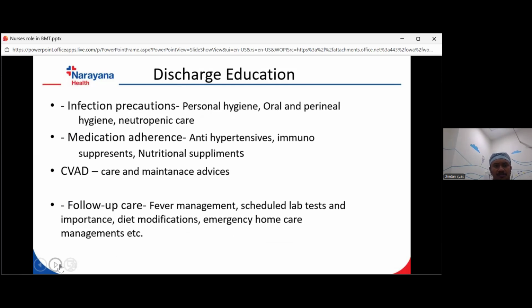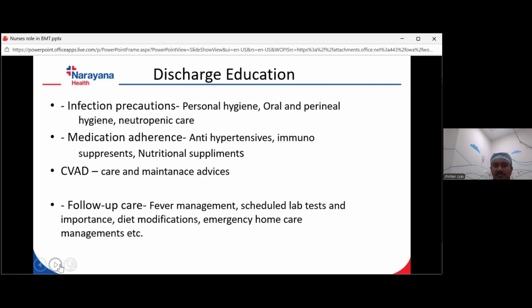And discharge education. Infection precautions regarding personal hygiene, oral and perineal hygiene, and neutropenic care all come under infection precautions. Before giving discharge itself, the parent must be able to take care of the child in the home care setup in an infection-preventive manner.